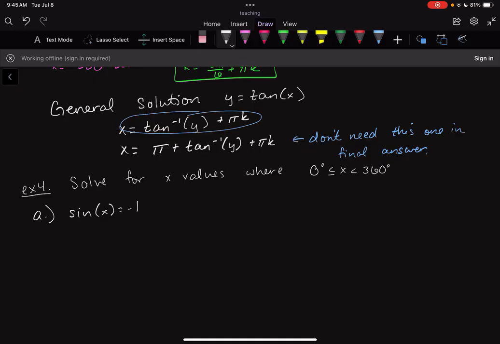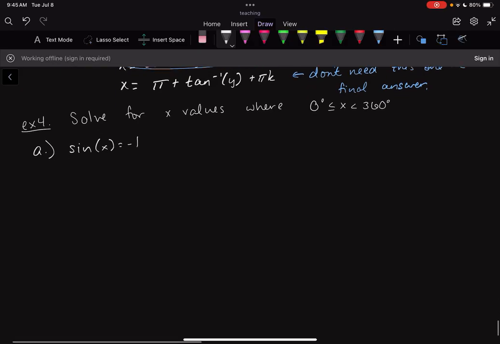Let's do another one. Let's do another tangent, but let me make it more like something you have to solve.